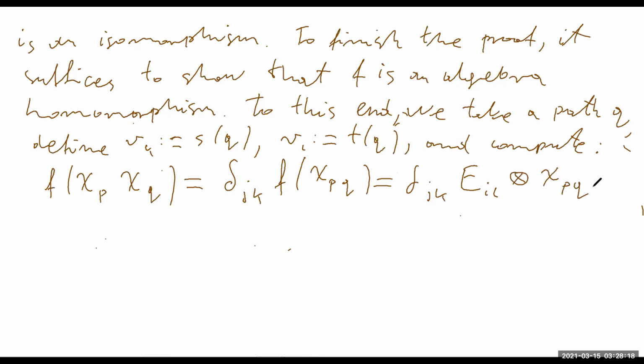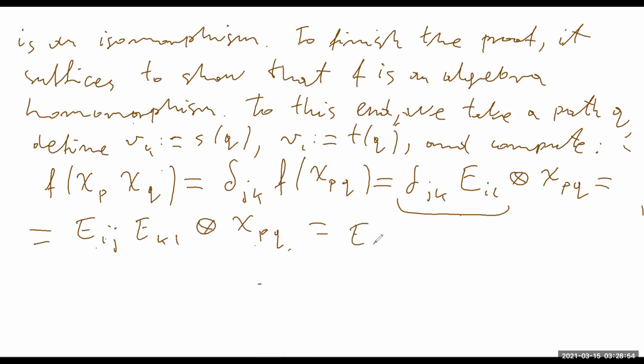All right, this is just the application of the formula for f. But if you remember how to multiply elementary matrices, I can just write it down as multiplication of Eij times Ekl. Then it will be exactly equal to delta jk times Eil. And here I have my chi PQ.